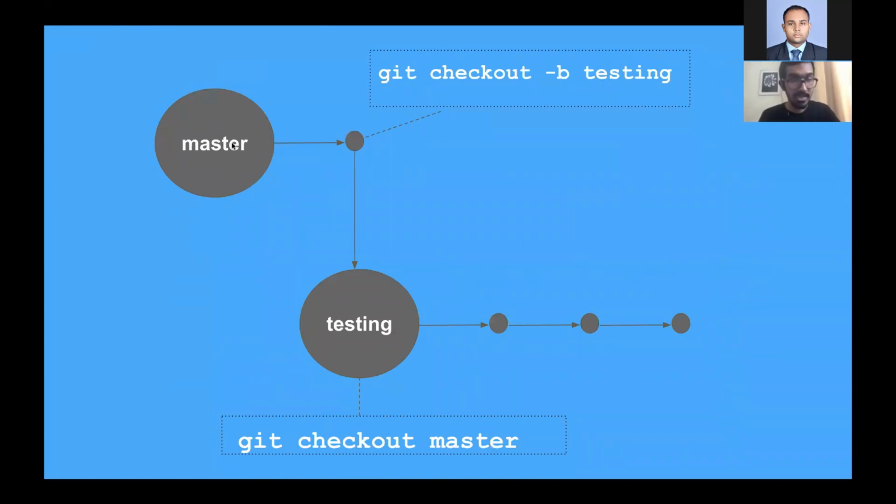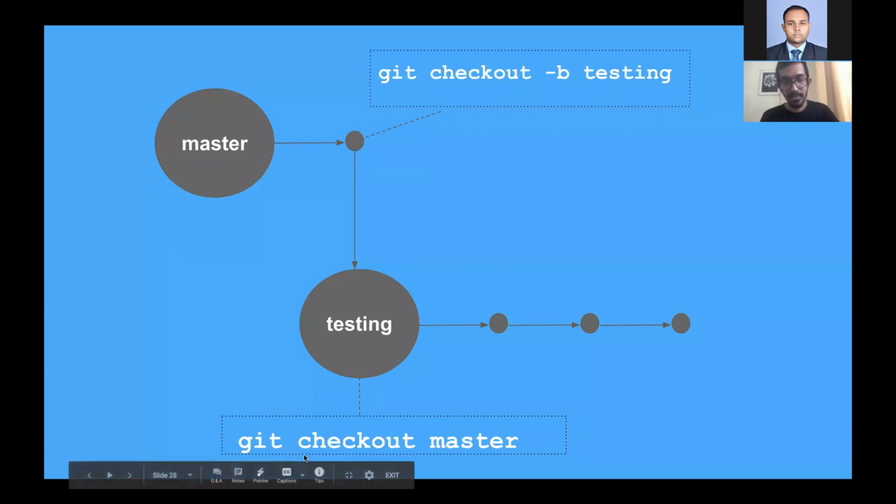We have master branch, we have some codes there. When we run git checkout -b testing, yeah, I know these keywords are very new to you. You will get used to these keywords. When we use this command here, it creates the same copy and names it as testing.